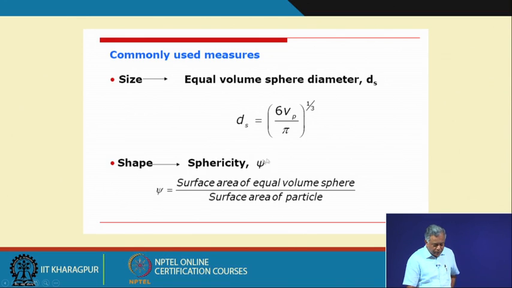We will elaborate more on this in my next topic. So, shape is basically, the concept of defining it has come from the definition of size. It is called the sphericity. Sphericity is defined as the surface area of the equal volume sphere.